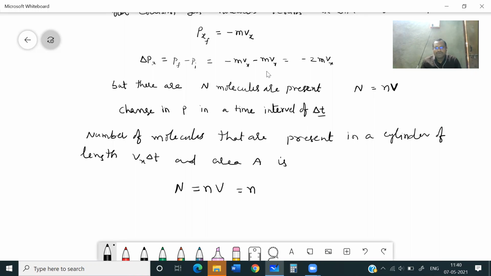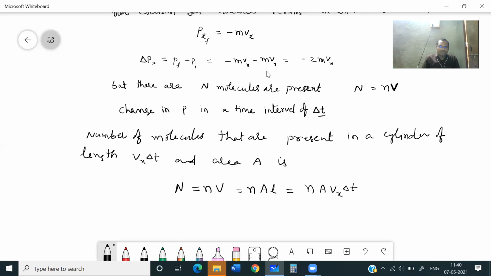Small n into volume can be written as area into length. That means small n into area into length is Vx into delta T. Yes, this many number of molecules are present. Sorry, this is delta T.